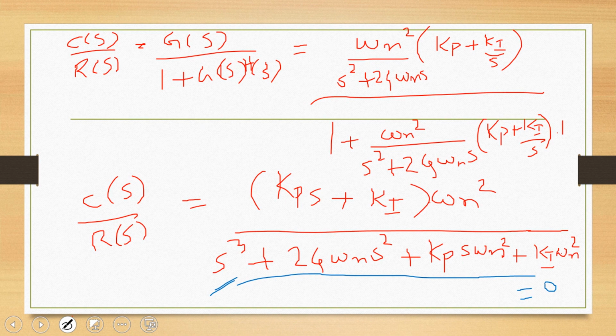which will result in the reduction of the steady state error, and the system becomes relatively less stable, and therefore we have to select Ki. This Ki, we have to select it in such a way that it maintains the stability of the system.